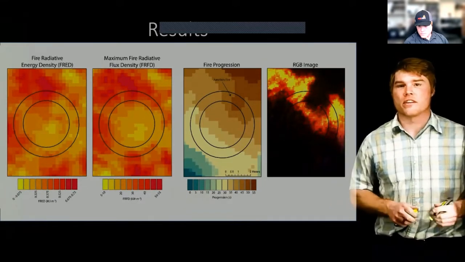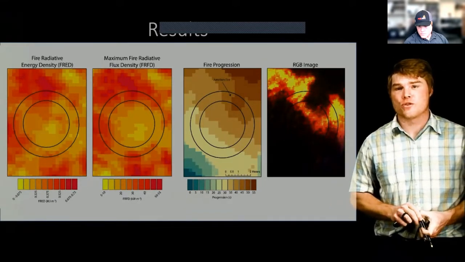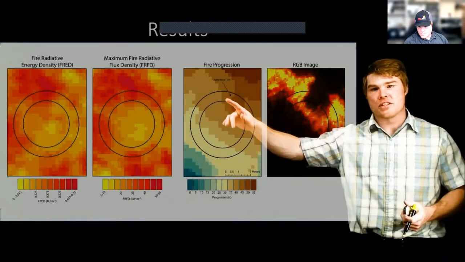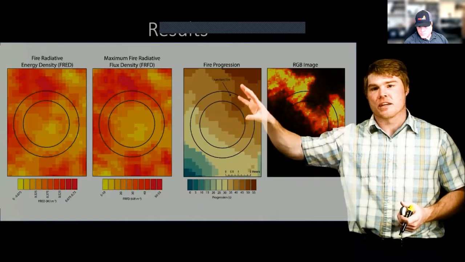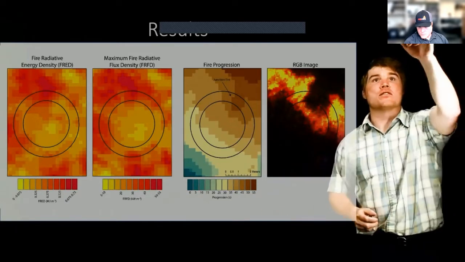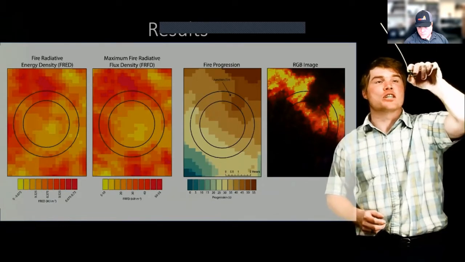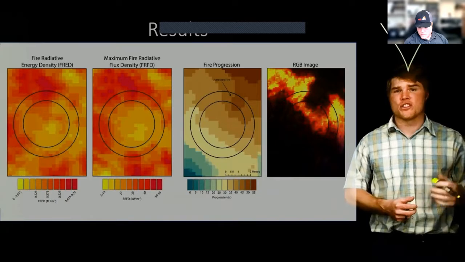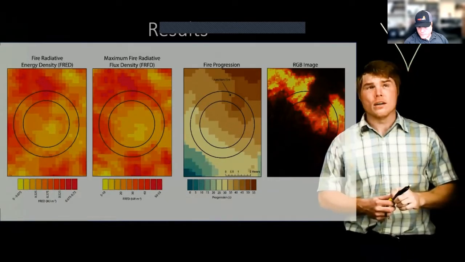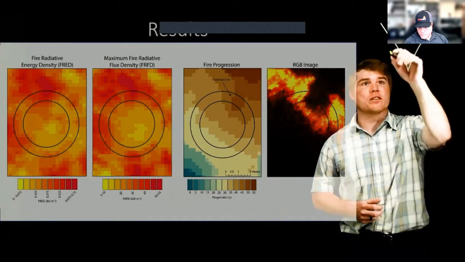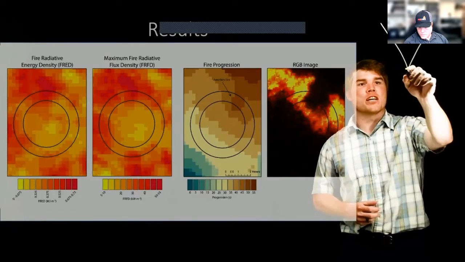Big result here that we saw in 22 out of the 35 plots. We saw what's known as a junction fire develop on the downwind side of the fuel treatment. And a junction fire is just a simple V-shaped fire line geometry, also called chevrons. But there's a lot of experimental and laboratory studies looking at this chevron shape.